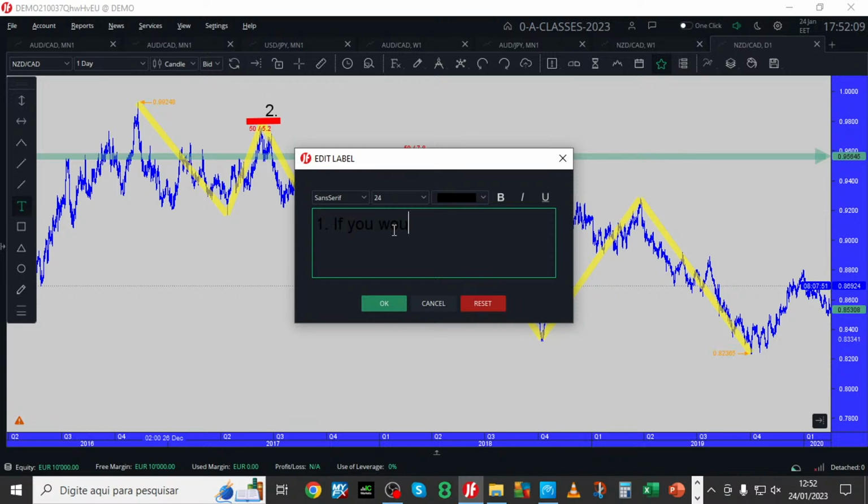If you would put the stop loss in the correct place, would the market stop you out anywhere, everybody?